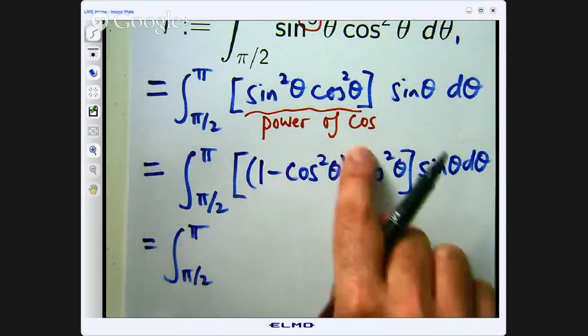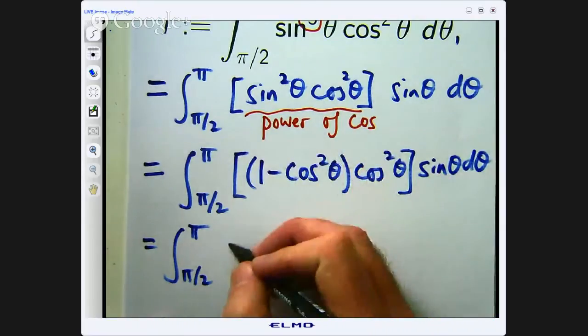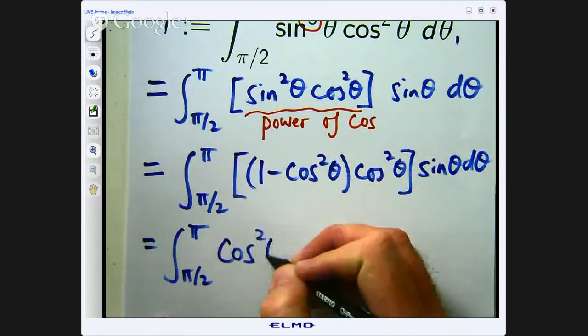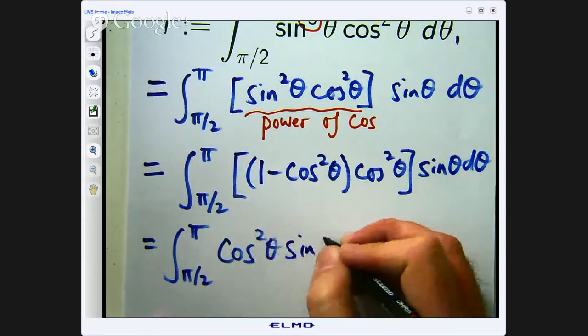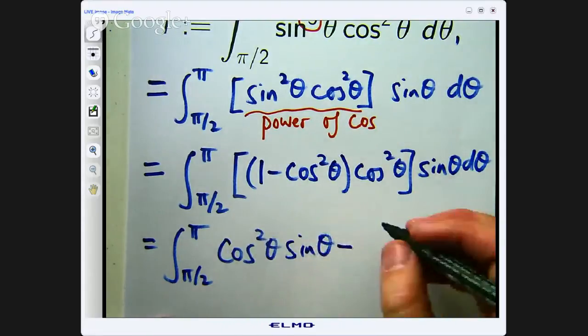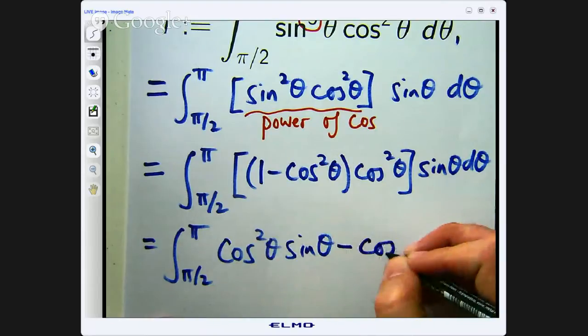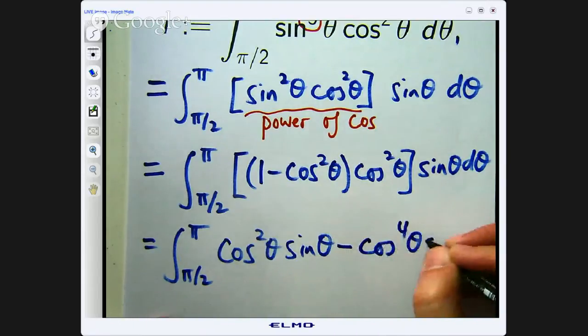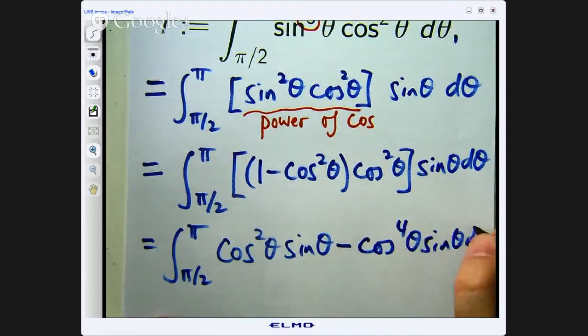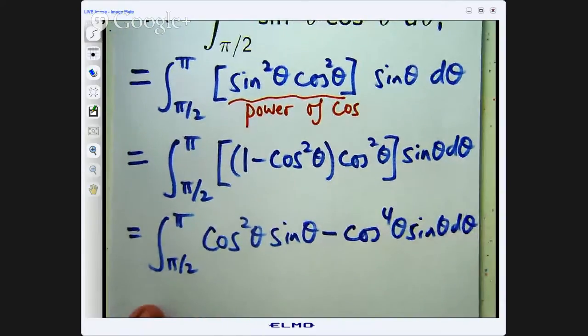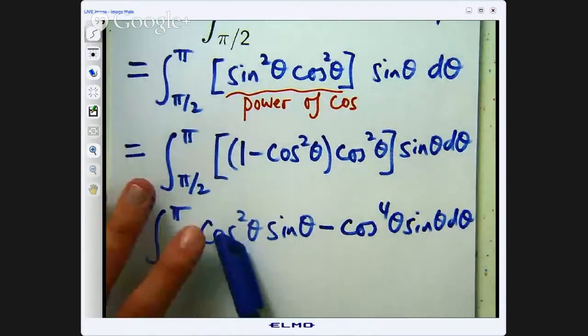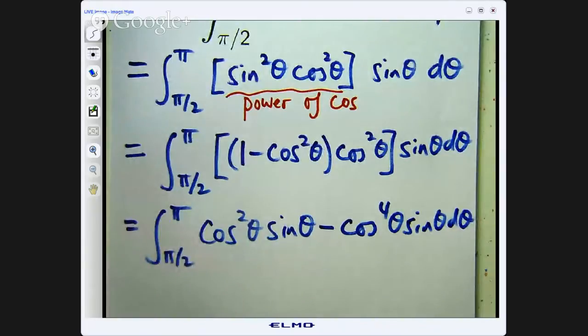So if I expand that out, I'm going to get cos squared, and if I go with the sine, I'll have the following. Okay, and now it looks almost complicated, but actually it's simpler.